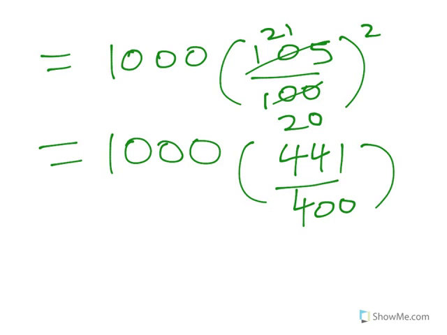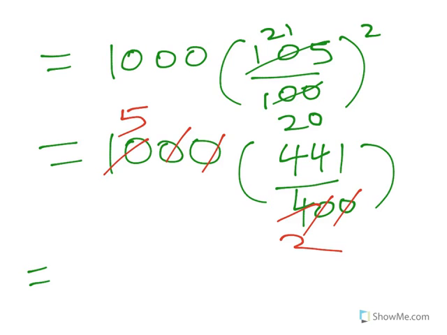I cannot stress how important it is to keep solving problems. Okay, now what we have to do is 1000 times 441 divided by 400. Start off with this. I've divided 400 by 100 and 1000 by 100. Now I'm going to divide 4 by 2 and 10 by 5. So what comes next? 441 times 5.